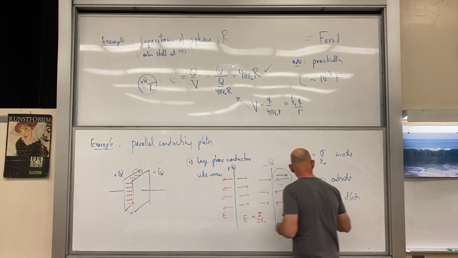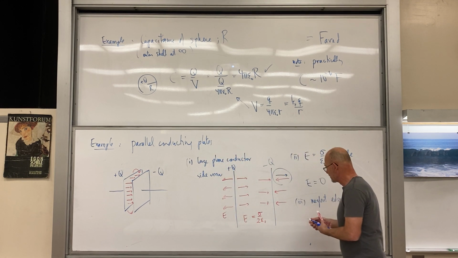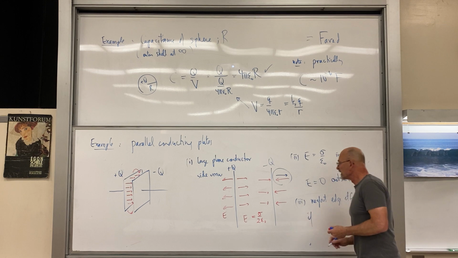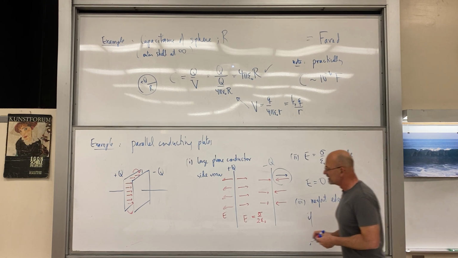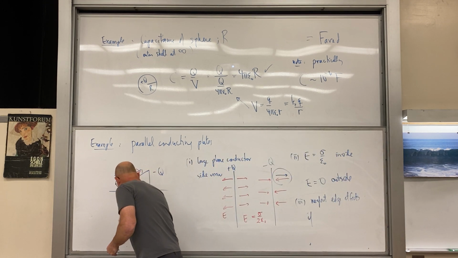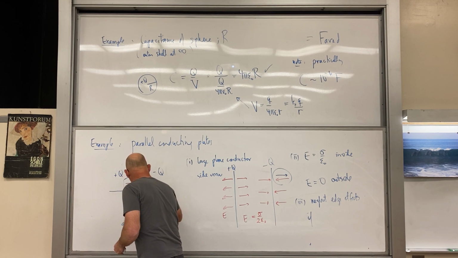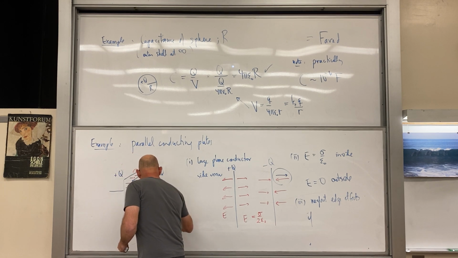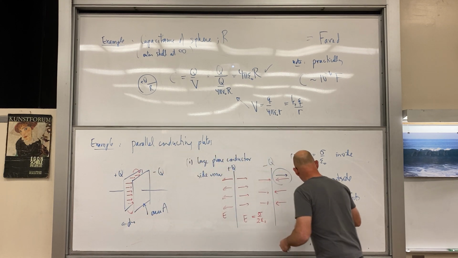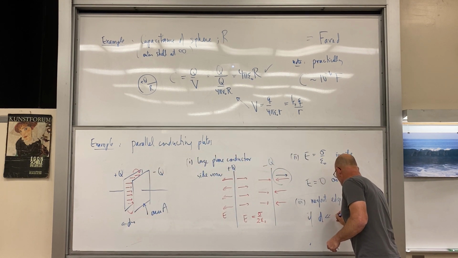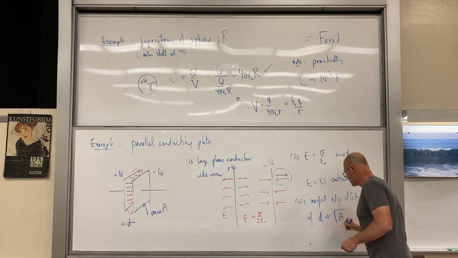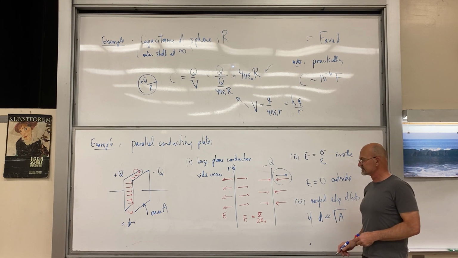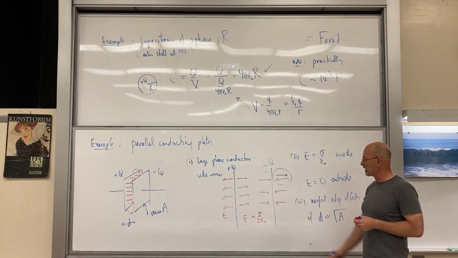We'll neglect them if the separation distance D, let's go ahead and write it here, and this is area A, if D is much less than the square root of that area A. Okay. Much less than the side of the square.